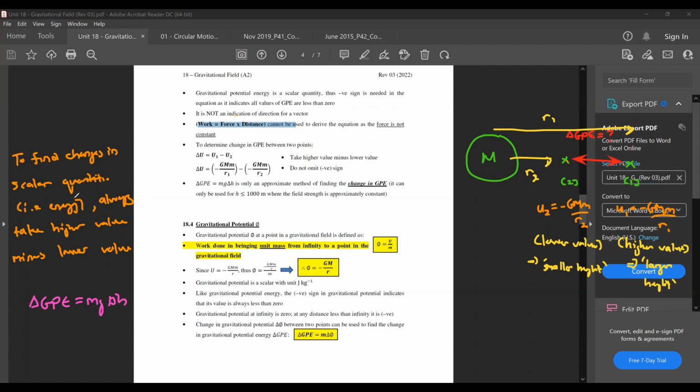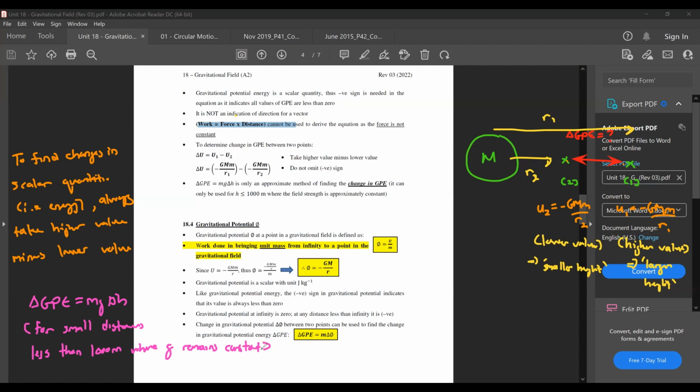Now the mg delta h that time is only for small distances, less than 1000 meter, where g remains constant.